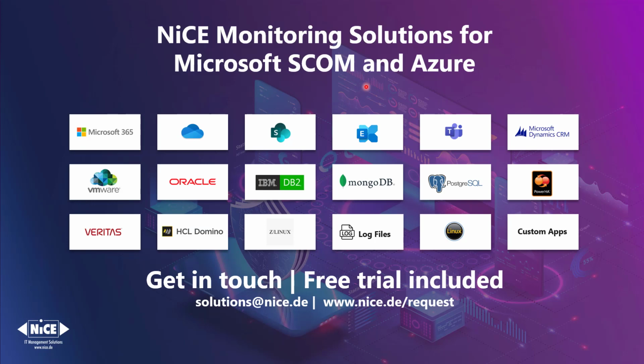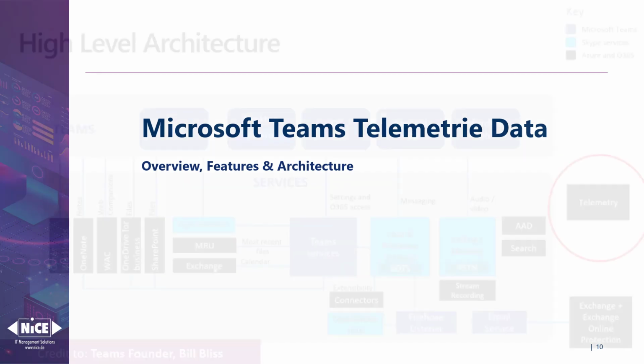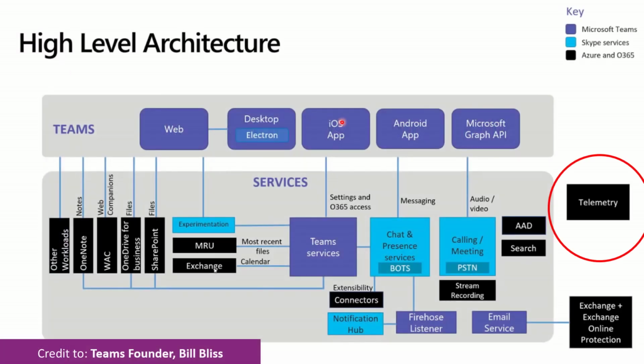With that, let's dive into the section of looking at Microsoft Teams telemetry data. Before I get to the data itself, let's have a look at the architecture. I prepared a slide here just to make sure that we have a common understanding of how the Microsoft Teams architecture looks. The dark blue boxes are for Microsoft Teams: they have a web client, an iOS app or an Android app, or you can use the Microsoft Graph API.